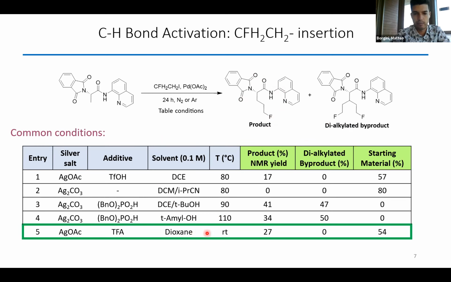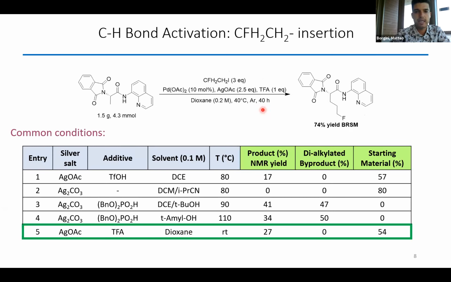The condition that we selected is shown here, and we optimized it, and then we scaled this reaction up to 1.5 grams in order to obtain 74% of the desired product.